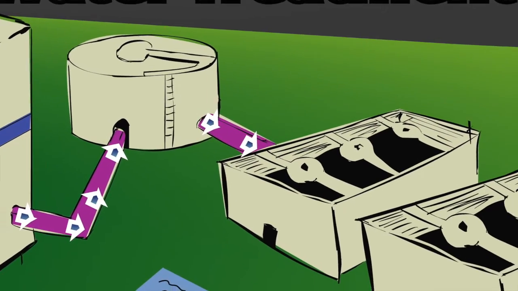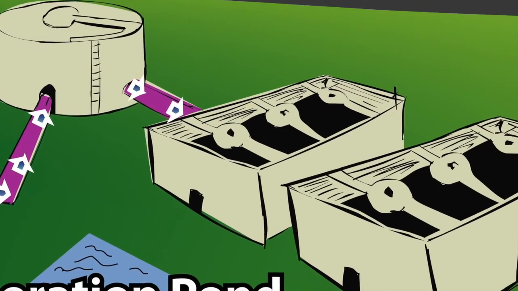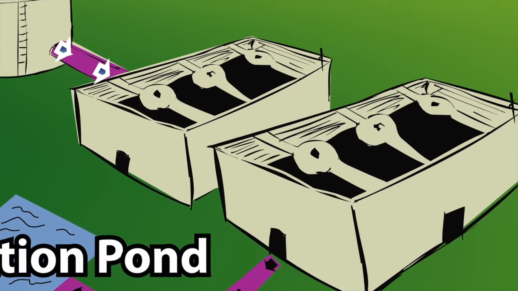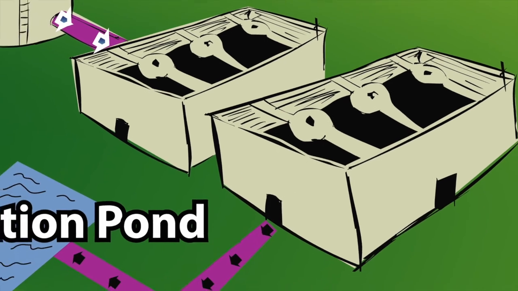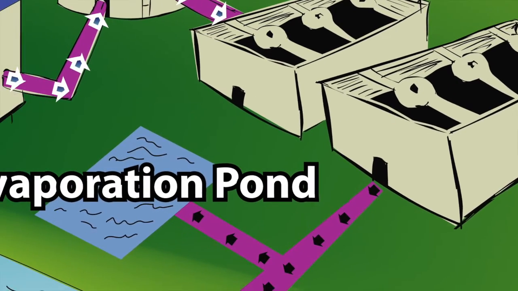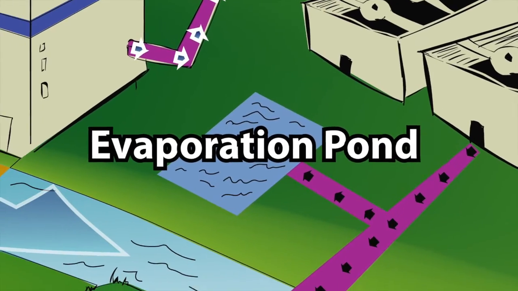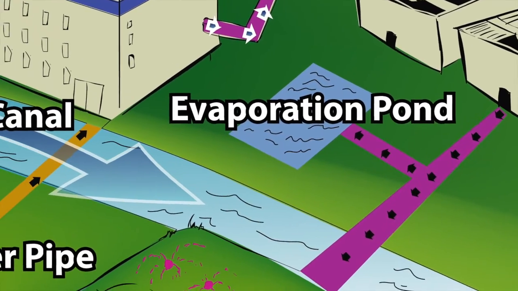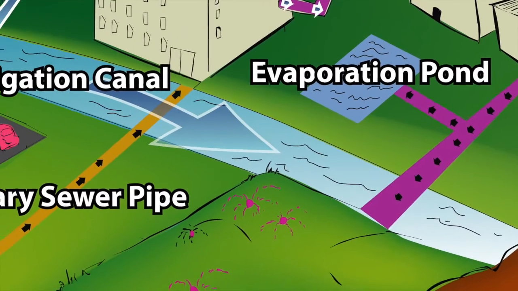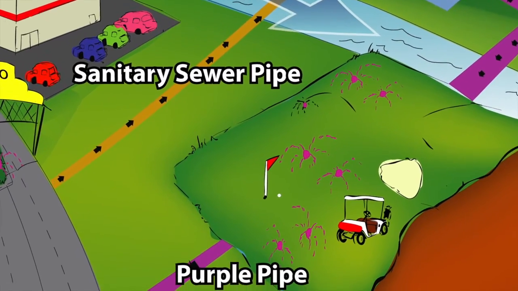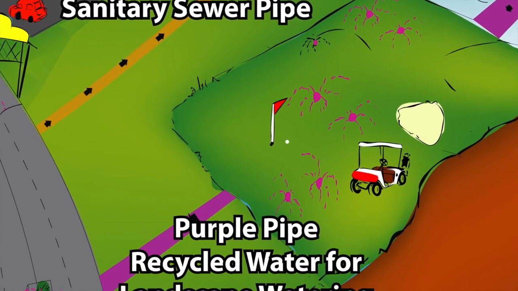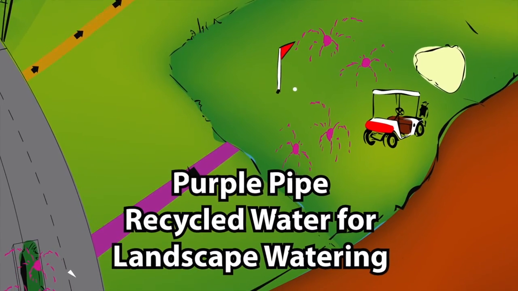Clarifiers are used to separate the bacteria from the water. The bacteria are then put into an anaerobic tank where digesters break it down, and the energy is extracted and converted into electricity. Last, the reclaimed water is sent out into evaporation ponds and is recycled for reuse to irrigate golf courses, cities, private landscapes, and areas throughout our community. The reclaimed and/or recycled water is known as the Purple Program.